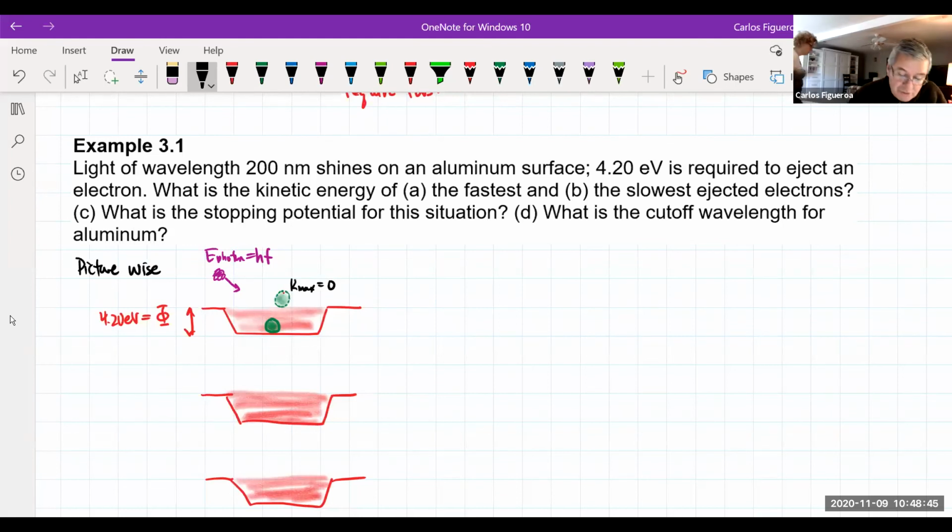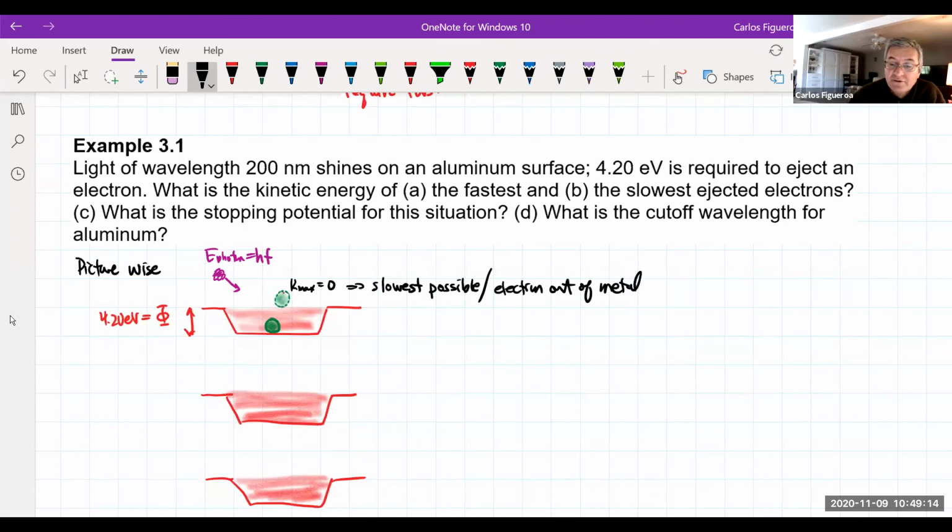Okay, so this is the slowest possible electron out of the metal.